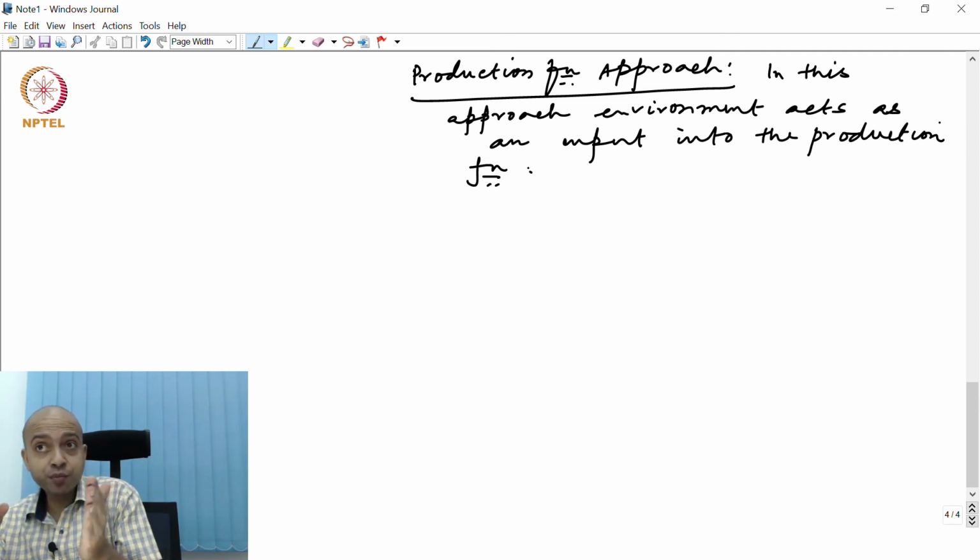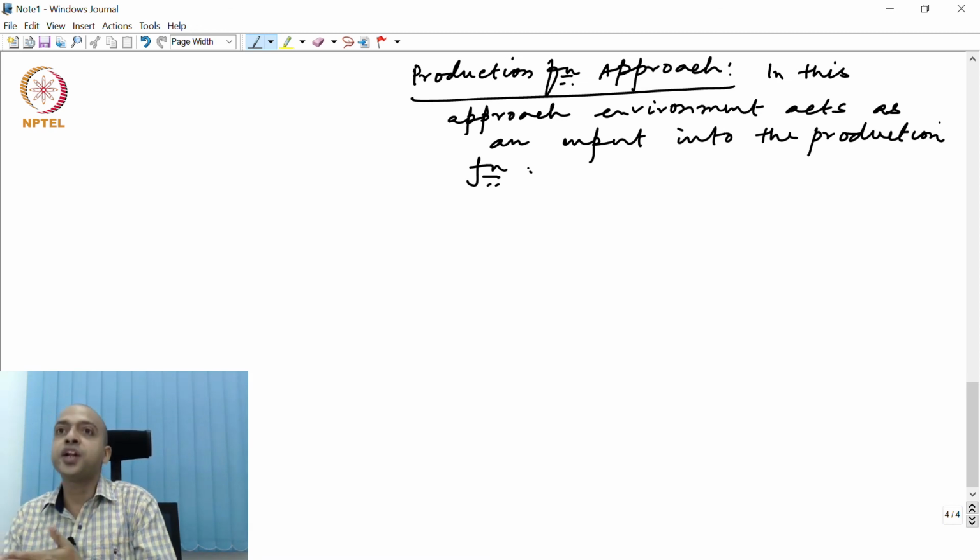In the stated preference approach, respondents are asked to state their preference through creation of a hypothetical market by asking their willingness to pay and willingness to accept. In the revealed preference approach, their preferences are already revealed. How? Through a related market.